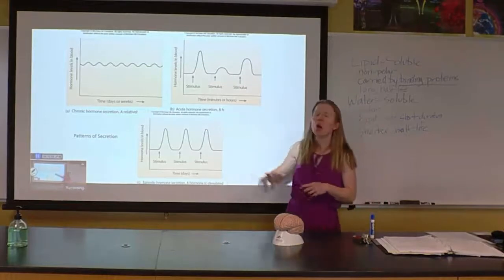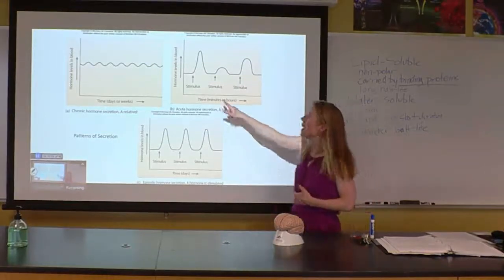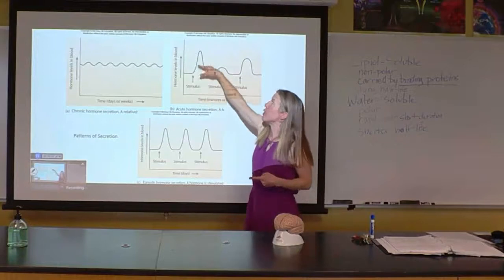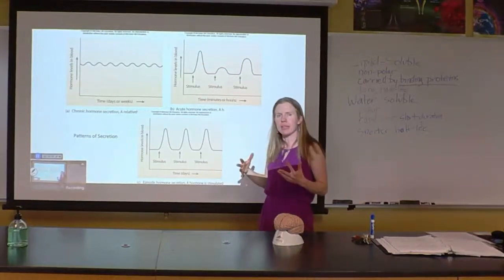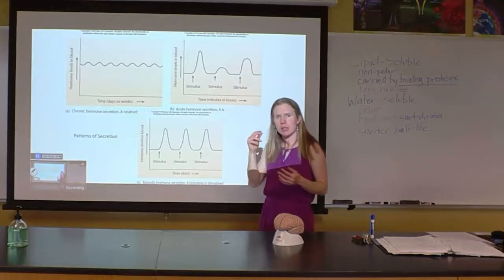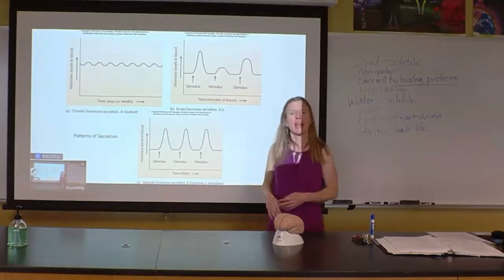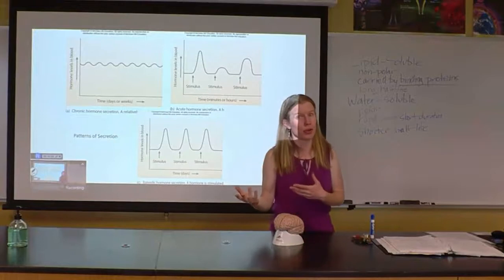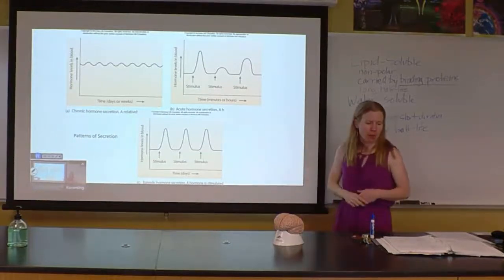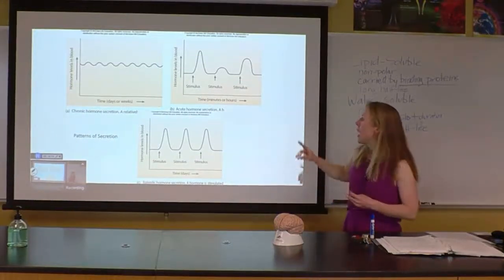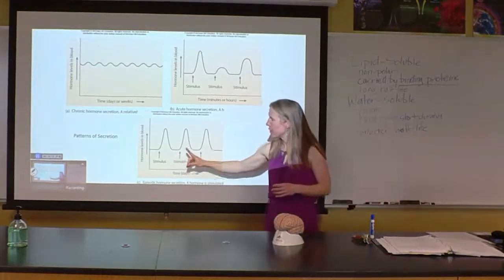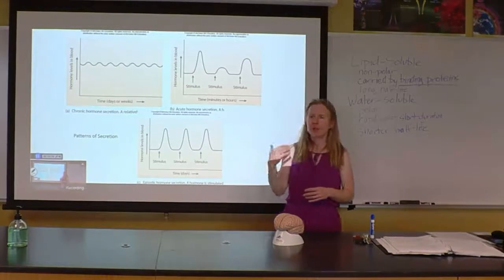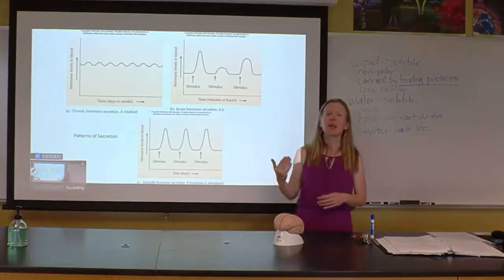Other hormones, we're going to see this acute secretion. If there's a big stimulus, we have a big release of hormone. If there's a little stimulus, a little release of that hormone. But it's quick and it's in response to something. Epinephrine, also known as adrenaline, is your great example here. Episodic hormone secretion, you'll see that this is fairly predictable. We have the same size stimulus and there's this repeating pattern.